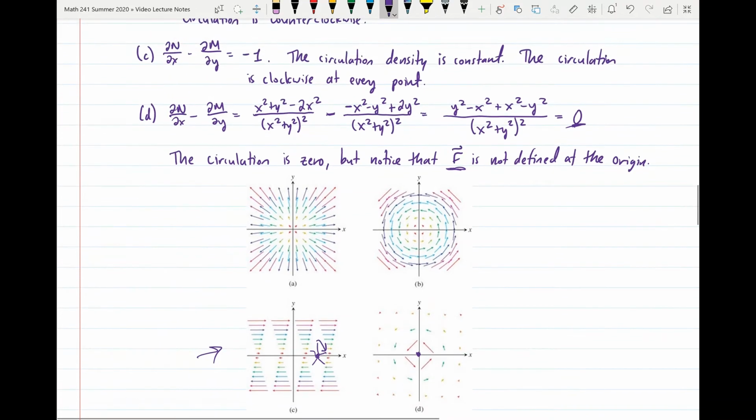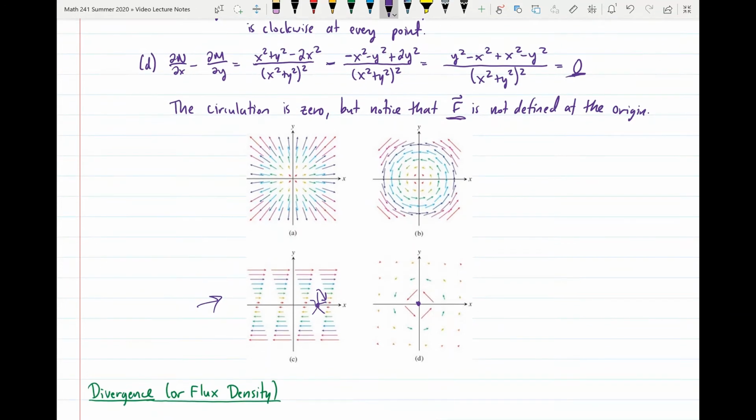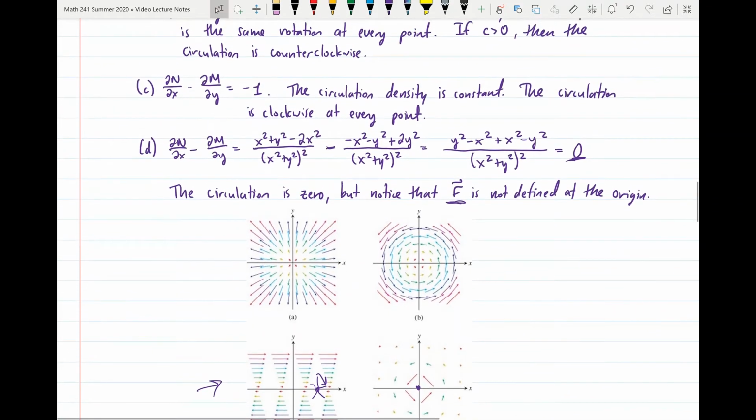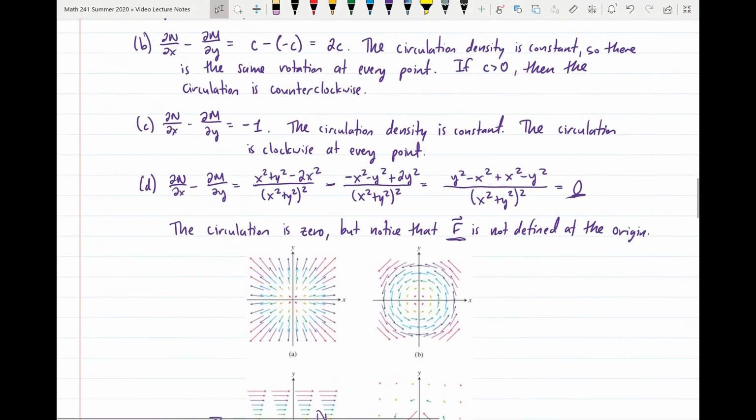But the circulation density isn't defined at the origin, while everywhere other than the origin, the circulation density will be 0, and our vector field f is actually not defined at the origin, which is the point around which the fluid is flowing.